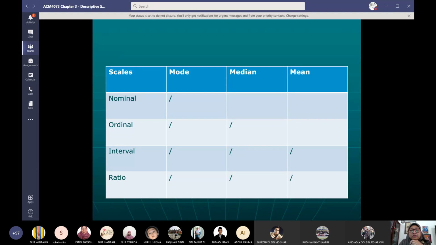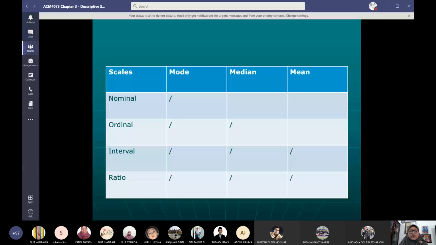And lastly is ratio. Ratio is score. Ratio and score have always been used interchangeably. Some would use ratio, some would use score, but they're basically the same thing.